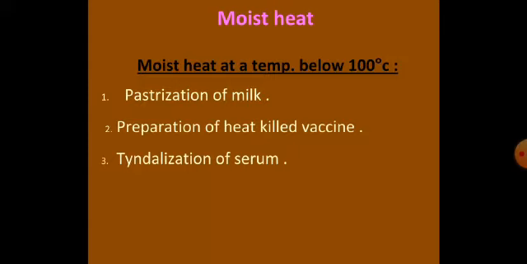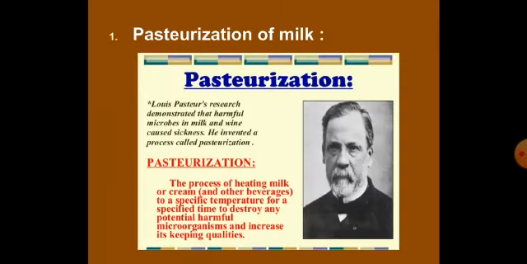Now we are going to talk about moist heat. Moist heat at temperature below 100 degrees, as in the case of pasteurization of milk, preparation of heat-killed vaccine, and tyndallization of the serum. Pasteurization of milk: Louis Pasteur demonstrated the method for sterilization of milk. This process depends mainly on the principle of heat shock.